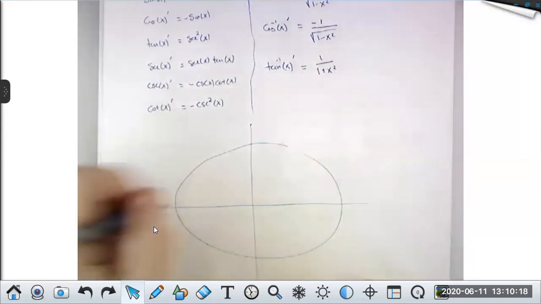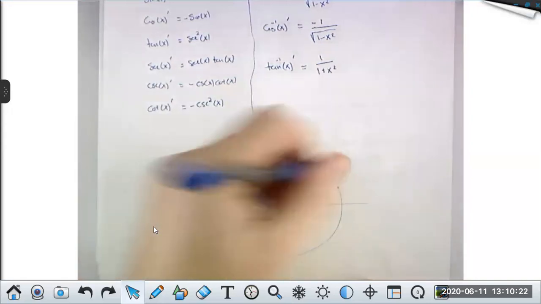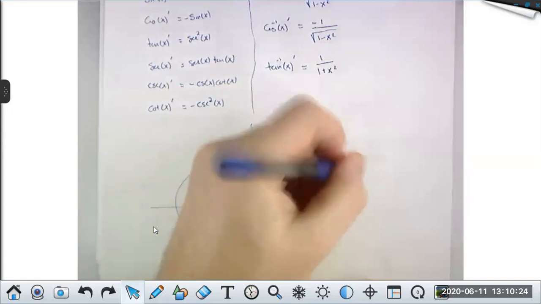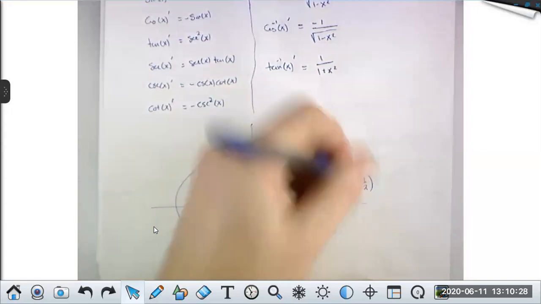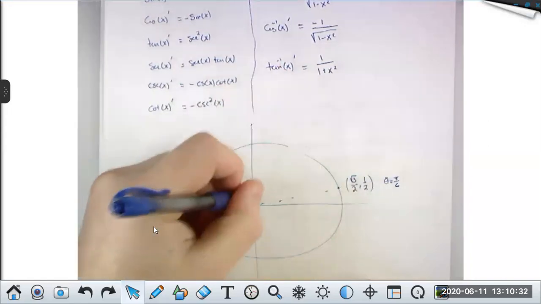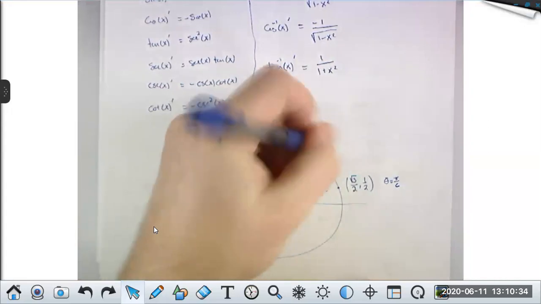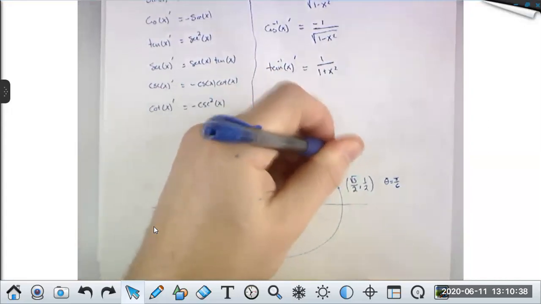Pretend like that's a circle. Over 6, this is root 3 over 2, comma 1/2. Over 4 is root 2 over 2, comma root 2 over 2.